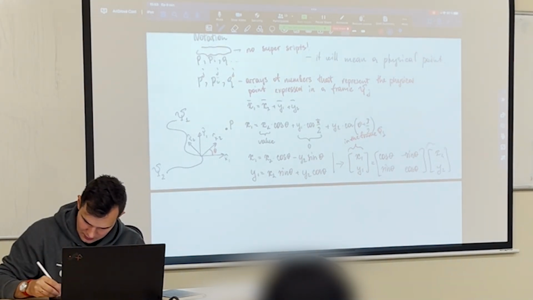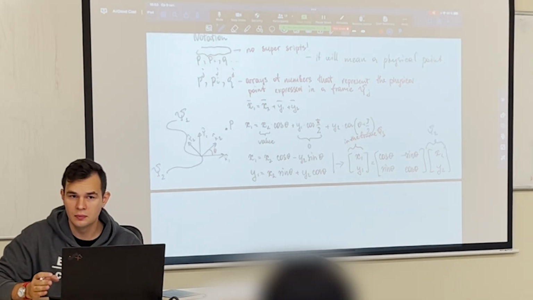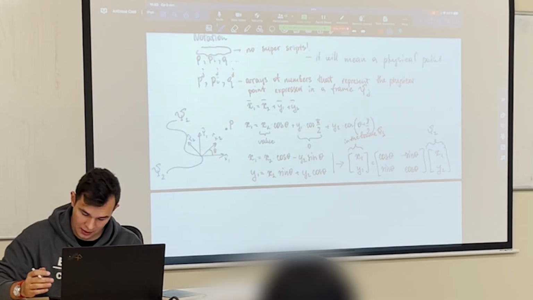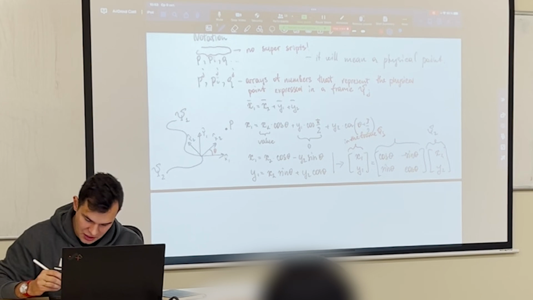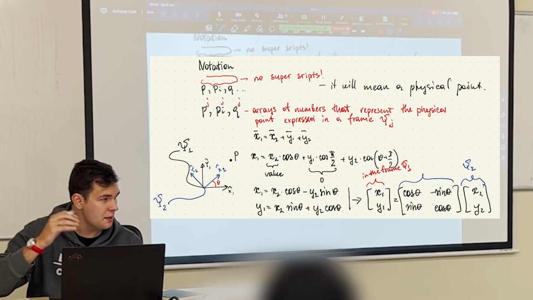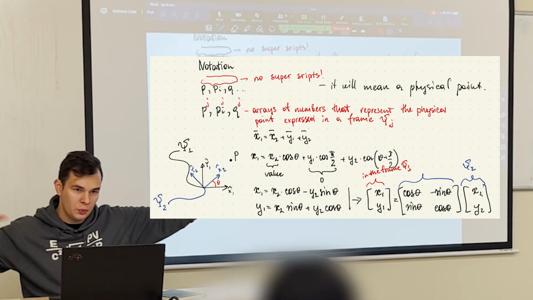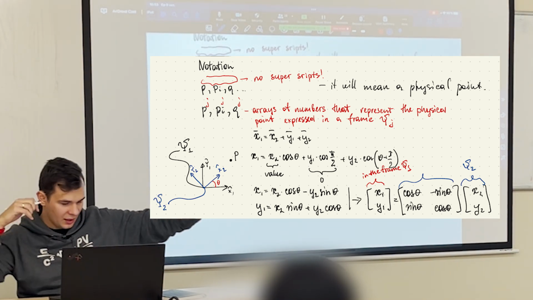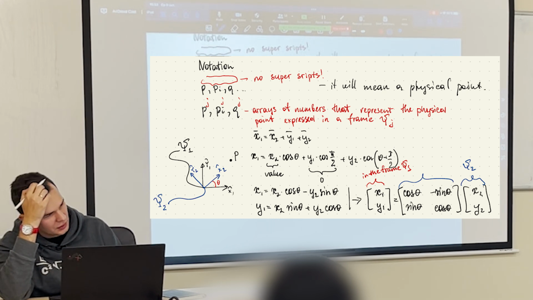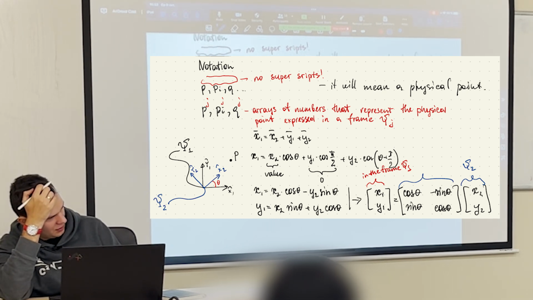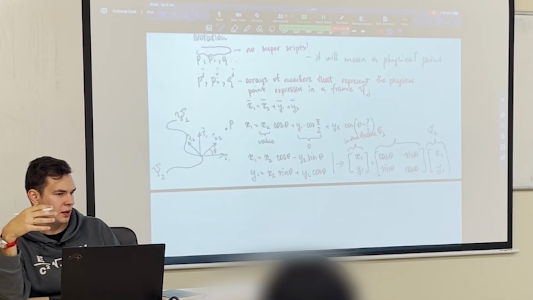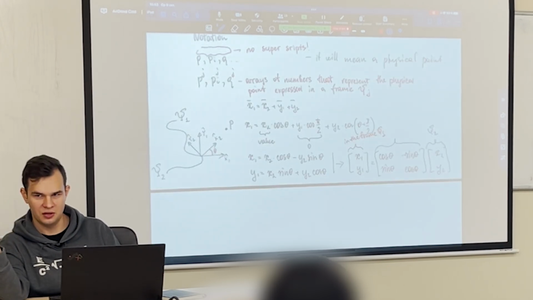And this is for the frame C2. The same point, but just in different coordinates. And this is the relationship between them. It's something that maps one to another, and you can go from one to another. It happens to be called a rotation matrix. That matrix describes how coordinates change.